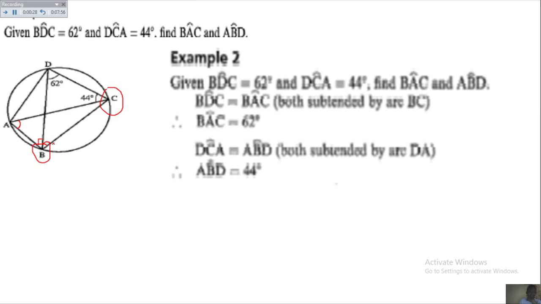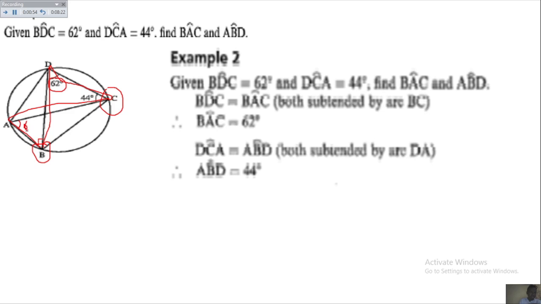Then I need to look at which angle these two legs suspend at this particular circumference. See, this BC is suspending this angle, and if you trace it like this, you discover that it's suspending that particular angle. Automatically, this angle and this angle are going to be equal.